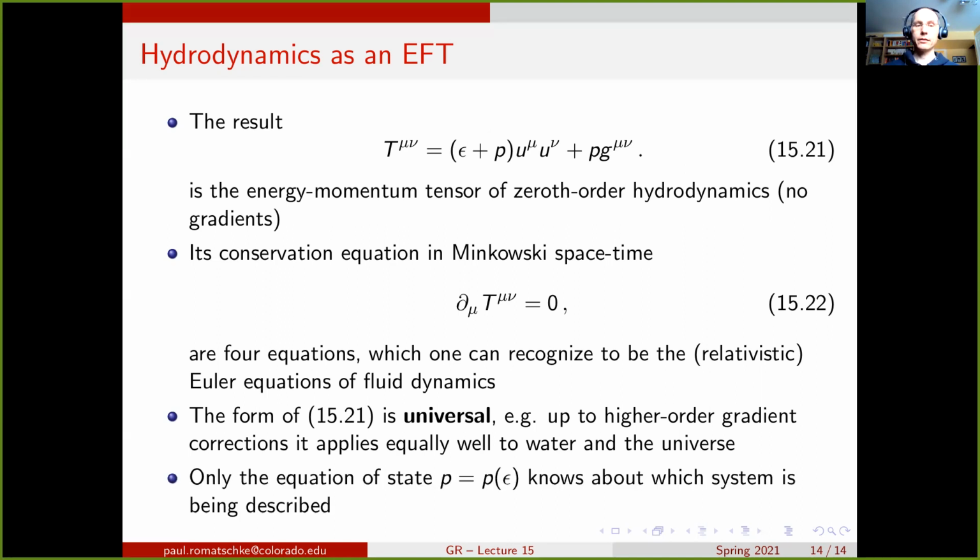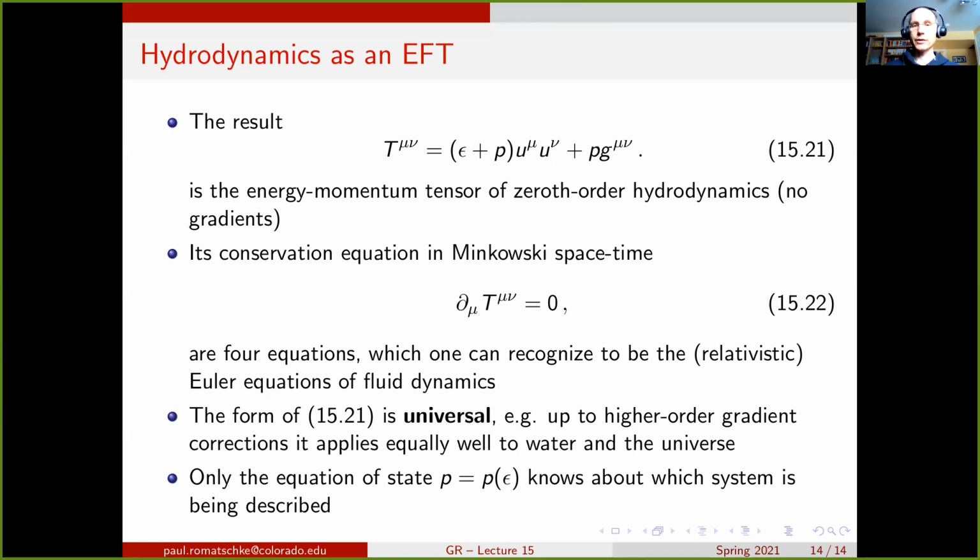The only input that tells you whether we're describing water or the universe will be this relation P as a function of epsilon, the equation of state. So that's the only input that will distinguish the outcome of this evolution, that will tell you, okay, we are really describing a river or a lake, or a neutron star, or the expansion of the universe.